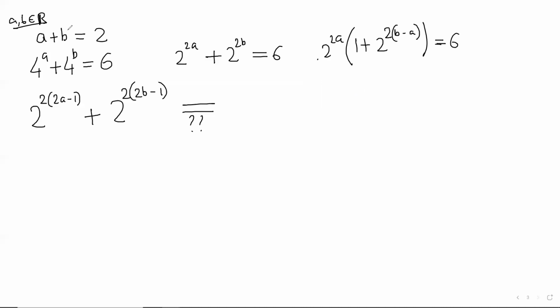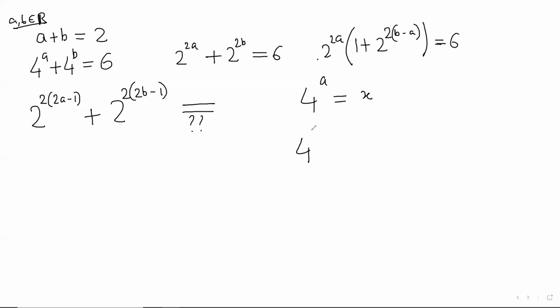Do you think of converting this into a quadratic equation? Let's say 4 raised to a is equal to x.